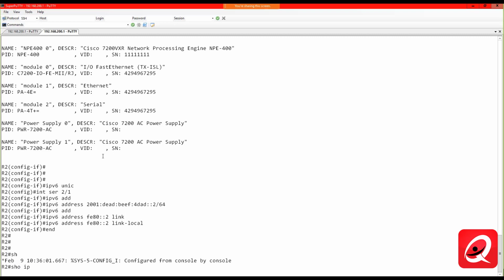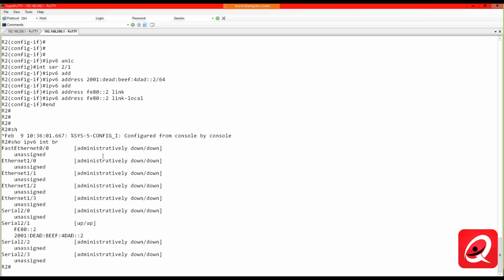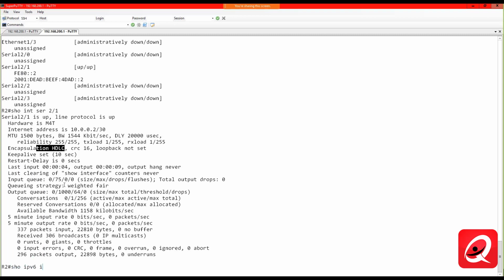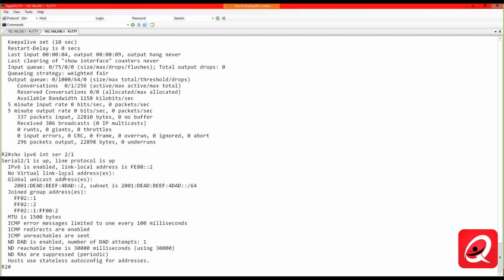All right. So if I do a show ipv6 interface brief, you can see, actually we do a show run, show interface serial 2/1. We're still running HDLC, right? If I did a show ipv6 interface serial 2/1, you'd see the same thing, right? We've got our global unicast address.